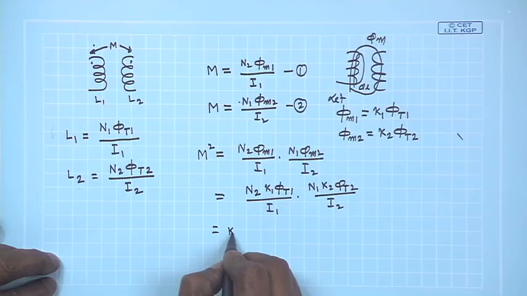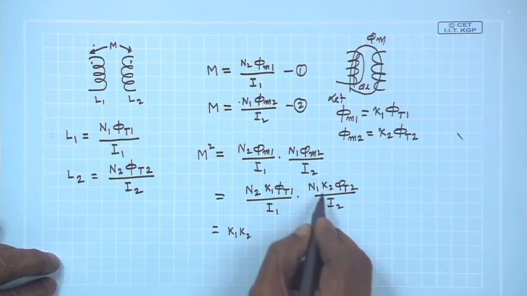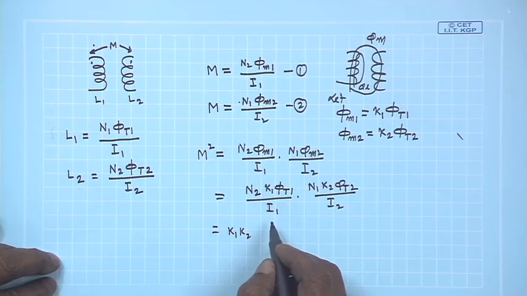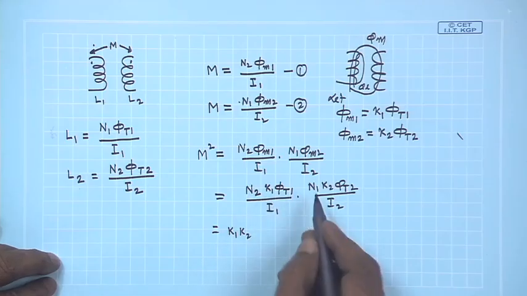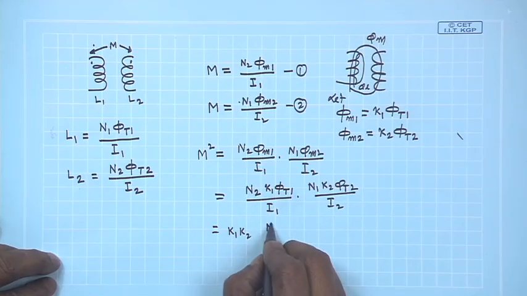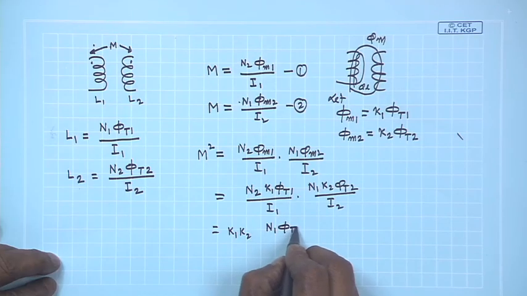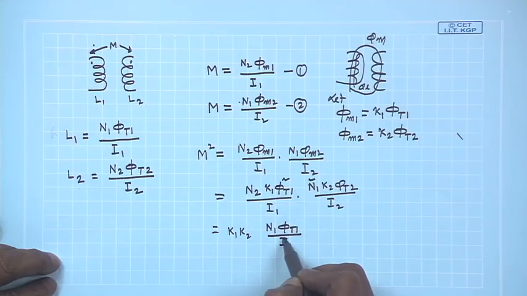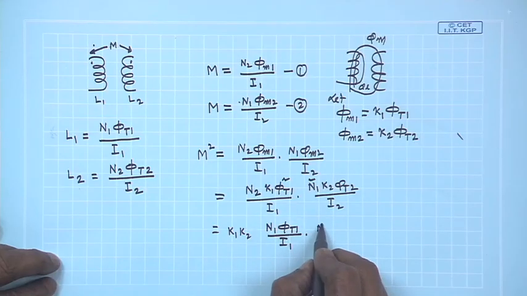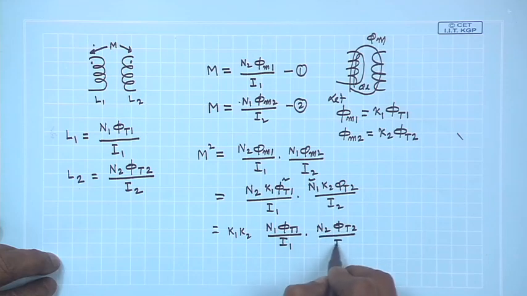Then you write it this way, K1 K2 you take, and these terms can be arranged such that you take phi T1 N1 together, and then N2 phi T2 by I2.